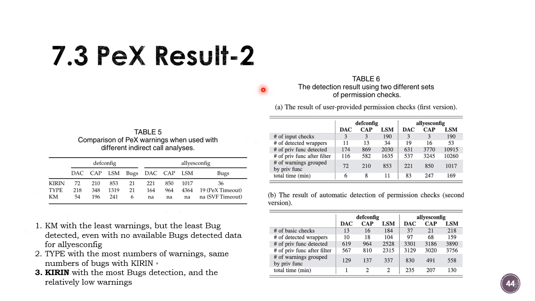Table 6 shows the ultimate detection results under the two settings: user-provided permission checks and automatically detected permission checks. You can see the numbers of input checks, detected wrappers, privilege functions detected, and so on.